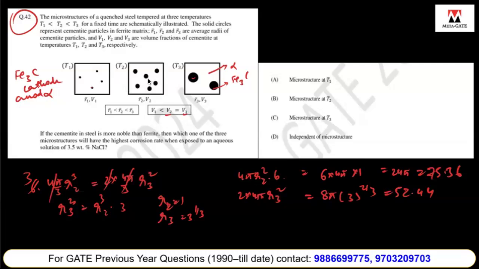But here, the area is 75.36 for the cathode, and compared to T2, T3 has lesser surface area for the corrosion to happen. So the microstructure of T2 will be corroding faster.